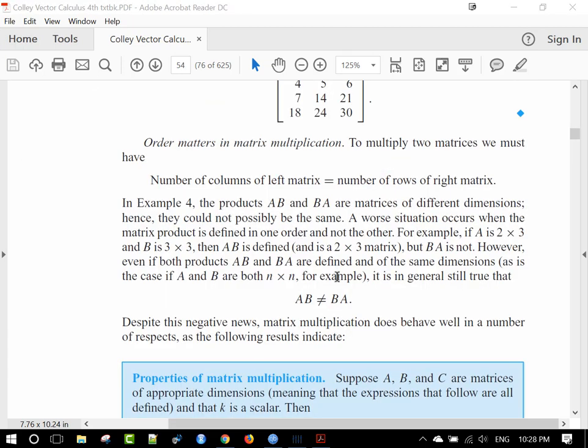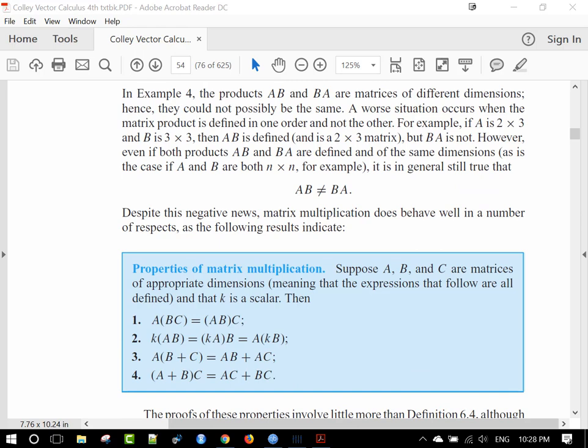Okay, so coming back to here, we saw that A times B, sometimes this is called A cross B, is not equal to B times A. On the other hand, some things do hold for matrix multiplication. For example, it is associative.